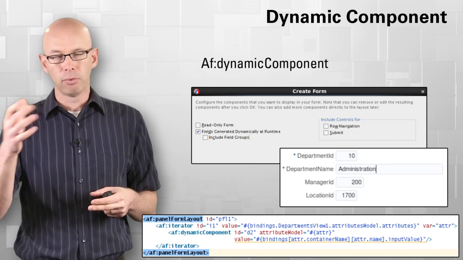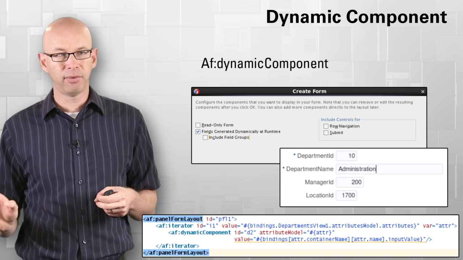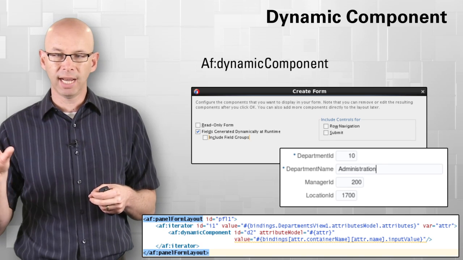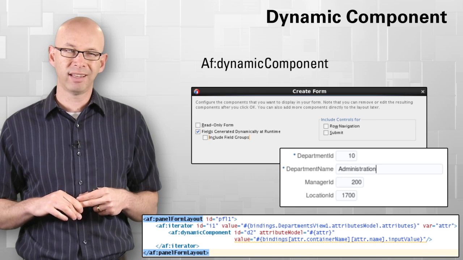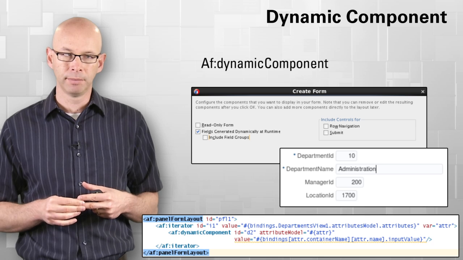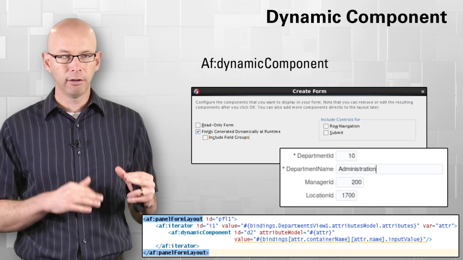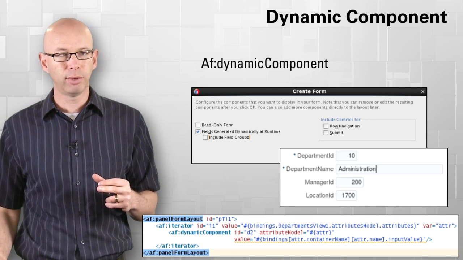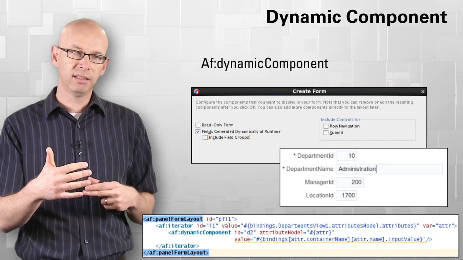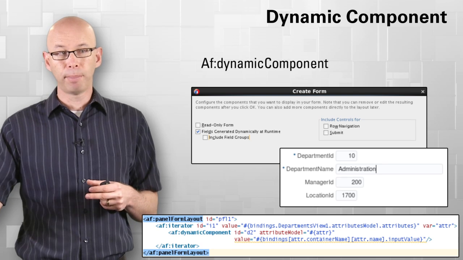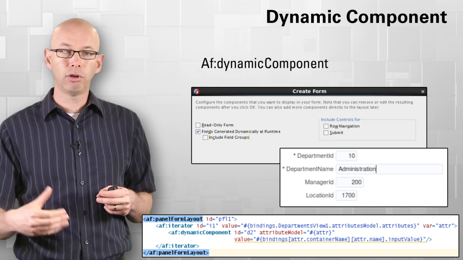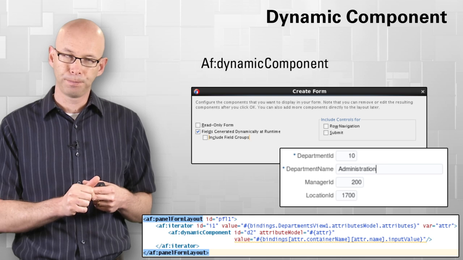the page, one option is you specify the specific fields that are going to be shown. But another option, which is what you see on the slide, is that you say generate those fields at runtime dynamically. Okay? When you do that, in your code, you won't see an item for each one of the fields, but rather you'll see an iterator. Inside it, we're using the new dynamic component, and we're passing to it parameters that control how it's going to be displayed. Okay?